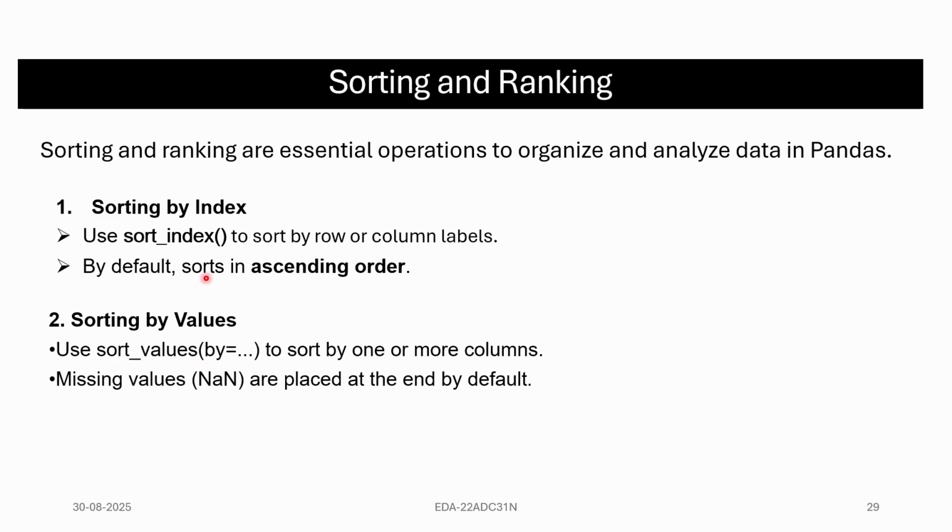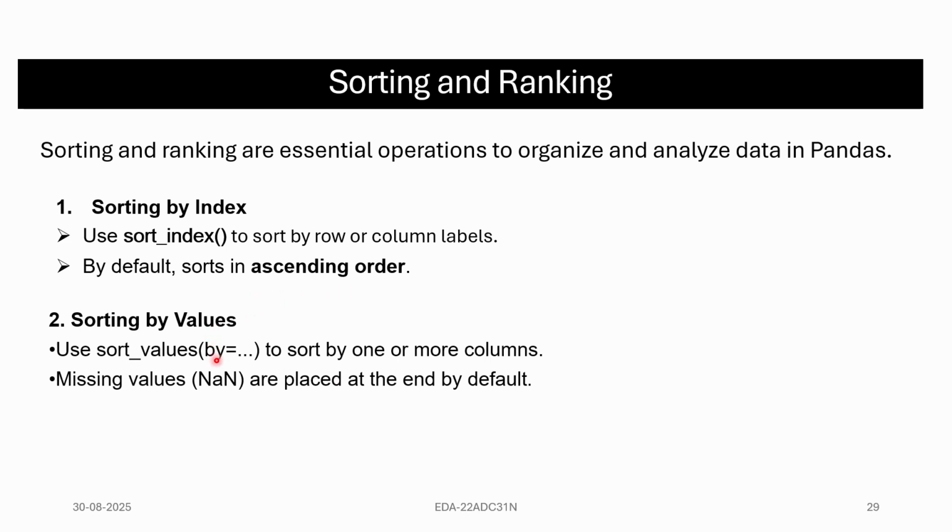And sort_index is the method that is being used to sort either by row or column labels. If you don't mention any specific order, the elements are going to be sorted in ascending order by default.